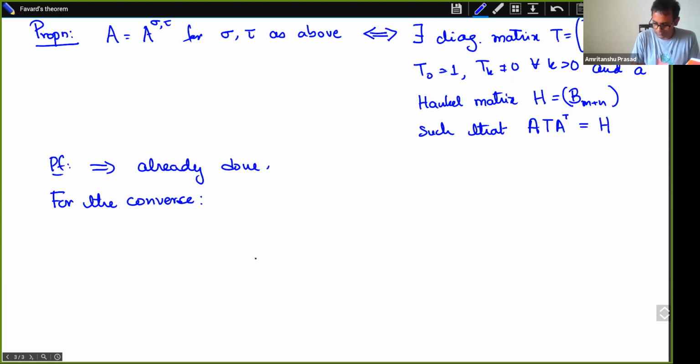That's not difficult, right? You just define Ti to be Ti divided by Ti minus 1 for all i greater than n. So that's not an issue.